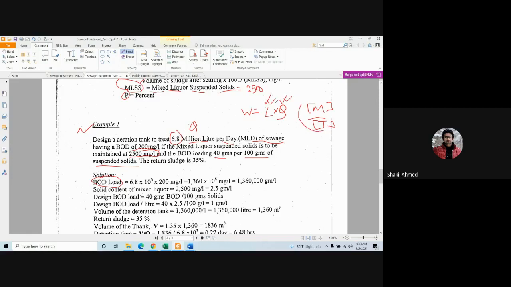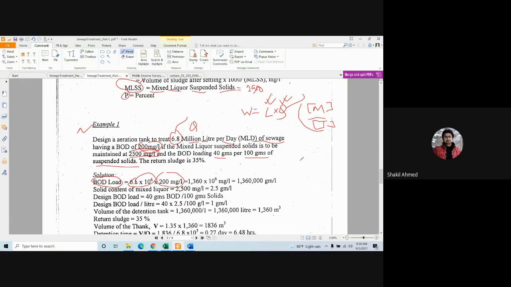So anyway, let's see L. L is 200 milligram per liter. And Q is 6.8 million liter per day. Wait a minute.